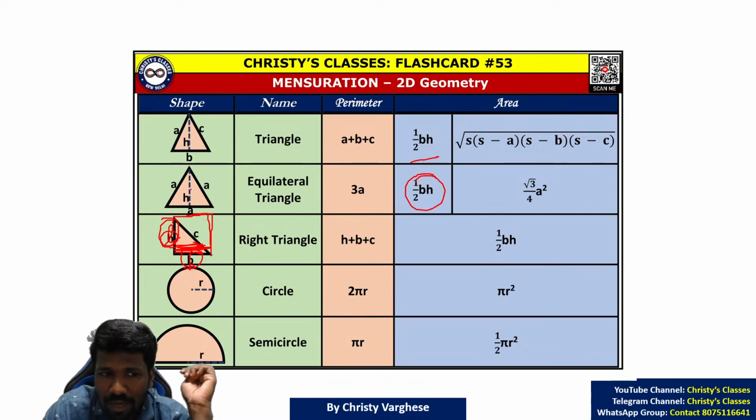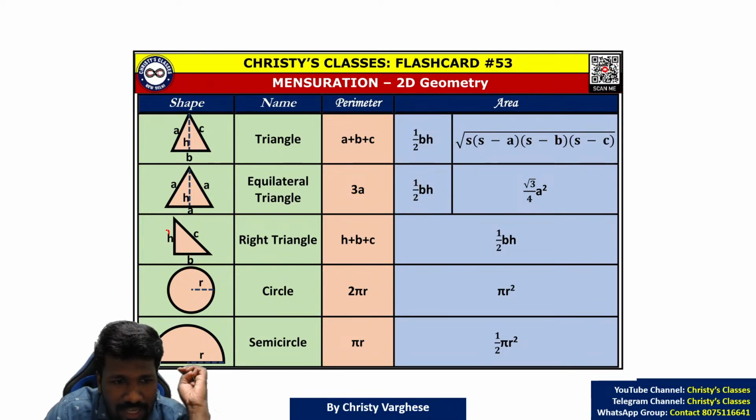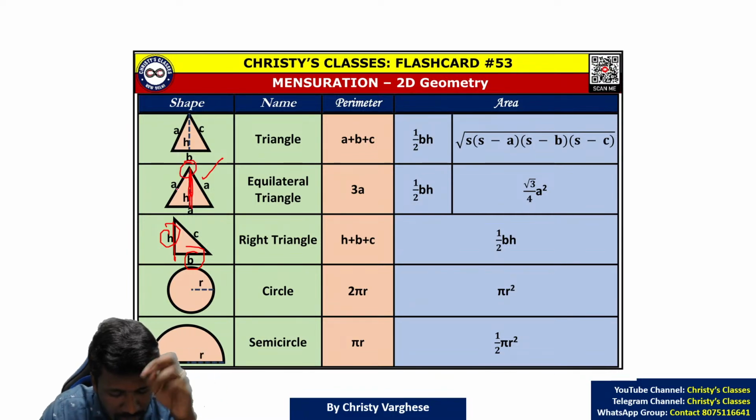But this formula is applicable only if you know the height. For example, in the right triangle, it is easy because in the right triangle, one of the sides is already the height. This is base and this is height. But in the case of a random triangle, height is not necessarily a side. Height is the perpendicular length from one vertex to the opposite side.